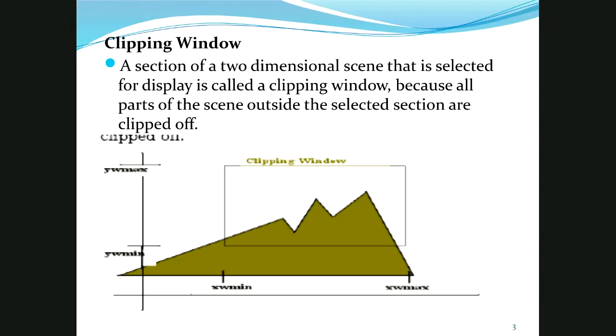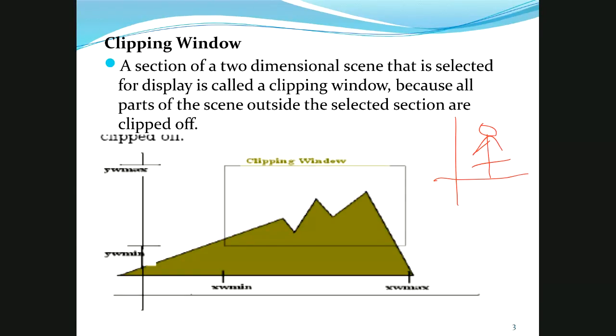See here, normally the section of a two-dimensional scene that is selected for display is called a clipping window. That means using the x direction and y direction, suppose you have an image like this, but you want to select a section to clip.